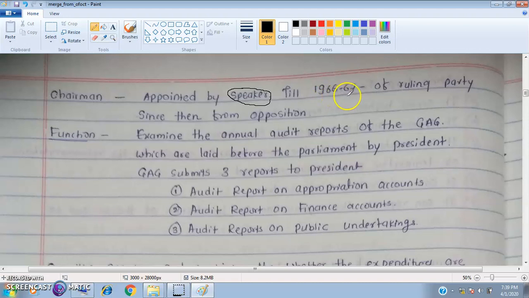Till 66-67, this chairman used to be of the ruling party, but from then onwards, the chairman is from the opposition. Now this is not obligatory on the Speaker to select this chairman from the opposition party. This is just convention.